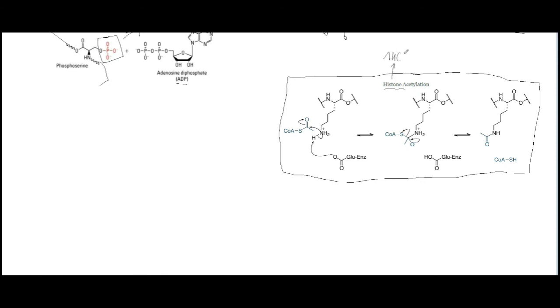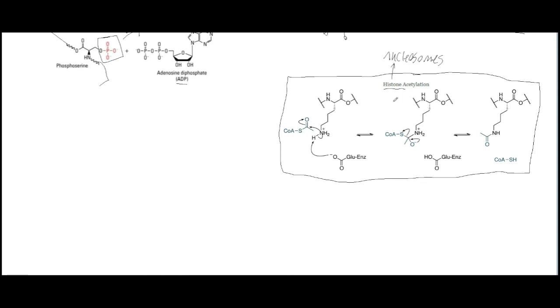So down here I have acetylation. We will not run into this that often in what we are going to talk about with metabolism and nutrition, but this happens on histones, which are proteins involved in nucleosomes, which are bound to DNA.